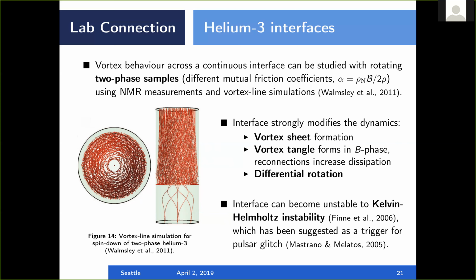So you essentially increase the spin down rate by having this interface present and touching the second phase. Another thing that you see here, and that's also applicable in the neutron star case, is when you look at it from the top, you see the cross section of where vortices are present. There are basically no vortices in the center anymore. They're concentrated closer to the container wall.